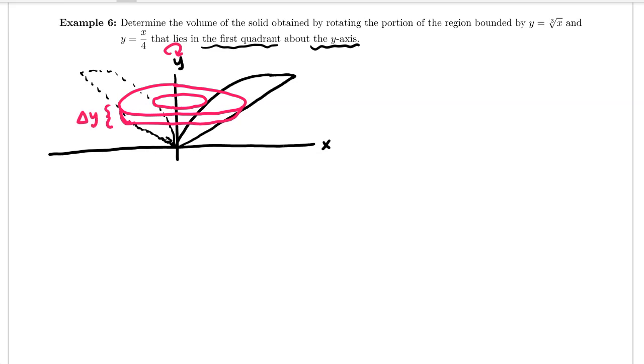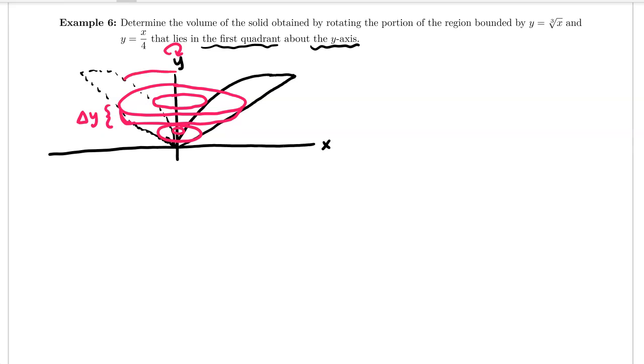And because our washers or our donuts, however you want to think about it, are being stacked on top of each other vertically, our integral is going to be with respect to y. So if I'm trying to think of my limits of integration, I need to think about where my lowest donut or my lowest washer starts and where the highest one ends.